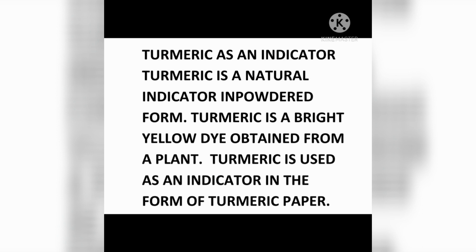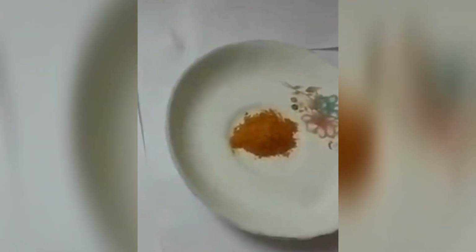Turmeric is another natural indicator in powdered form. Turmeric is a bright yellow dye obtained from a plant. Turmeric is used as an indicator in the form of turmeric paper. We can prepare the turmeric paper in the following way. Let us take a teaspoonful of turmeric powder in a plate and add a little amount of alcohol and make a paste.